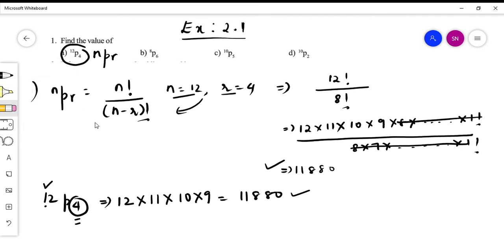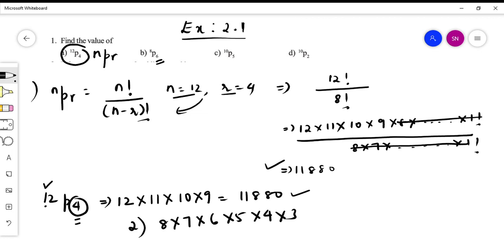nPr, which is nothing but 8P6. Okay, so if I have to solve the second question using the non-formula method, my suffix is what? 6. So I will reduce the upper limit 6 times. So 8, 7, 6, 5, 4, 3.